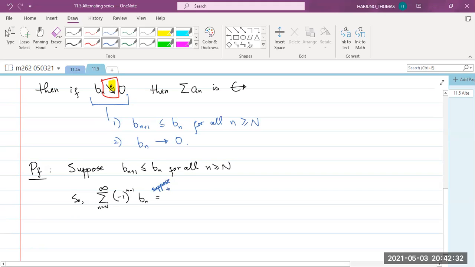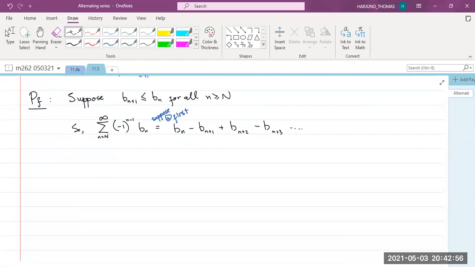Positive first. So we will have b sub n minus b sub n plus 1 plus b sub n plus 2 minus b sub n plus 3 and on.